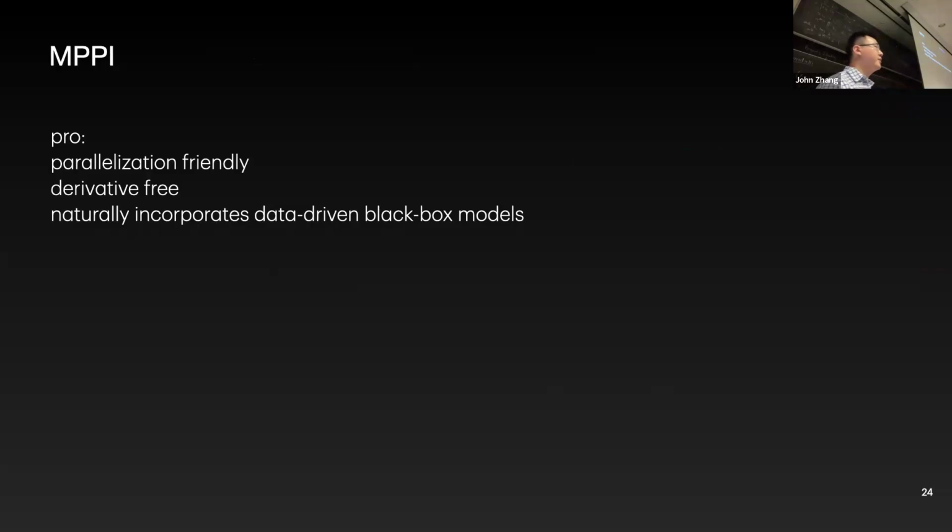It's also completely derivative free. For contact-rich tasks, before I would have to think really hard about how to differentiate through contact dynamics, which are typically non-differentiable, or, depending on the model, really stiff. But for MPPI, I don't care, because I'm just simulating through whatever contact model I want to use.